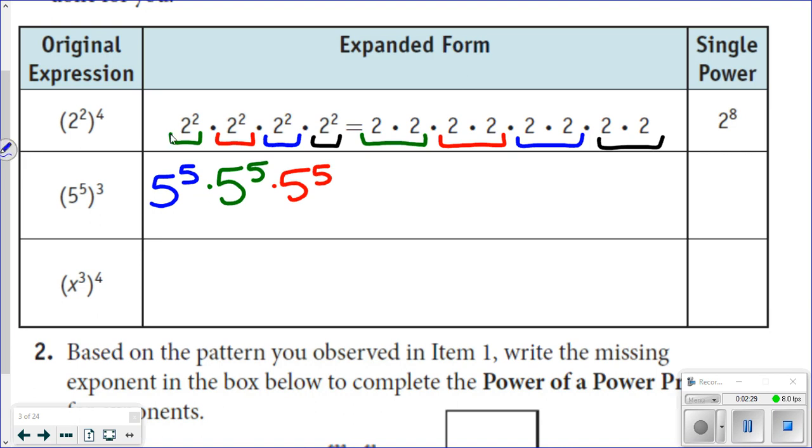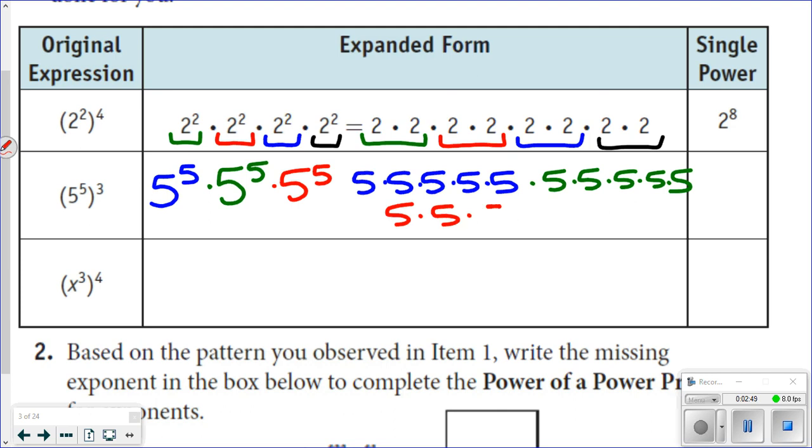Which, if I write all of these out, that's 5 times 5. Keep going. And if we count up all of these 5s, it's 5 to the 15th power.